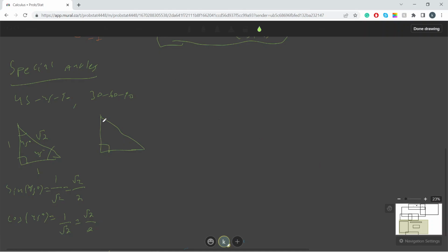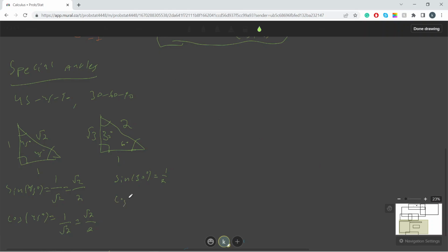So we have our theta here. This is our 30-degree angle, and this is our 60-degree angle. So this is going to be 1, root 3, and 2 by definition. So we know that the sine of 30 degrees is 1/2, because opposite over hypotenuse, sorry.